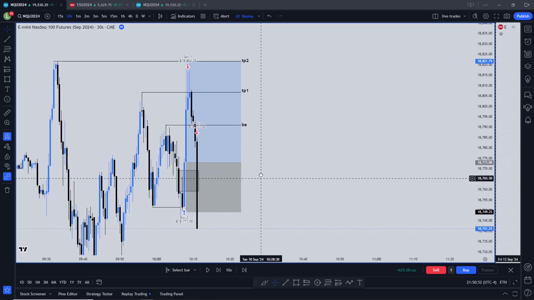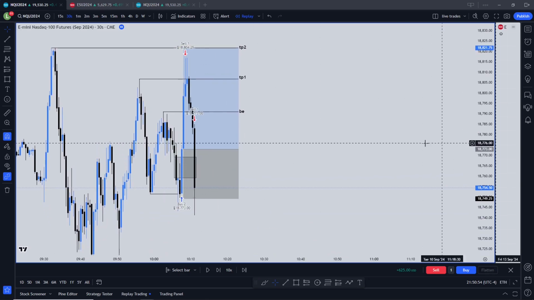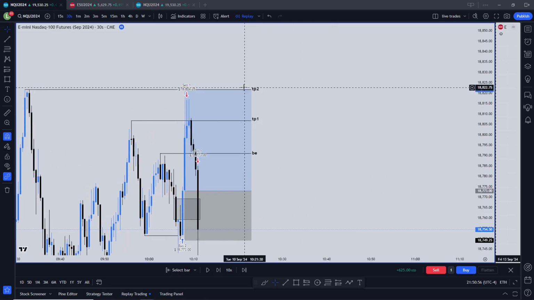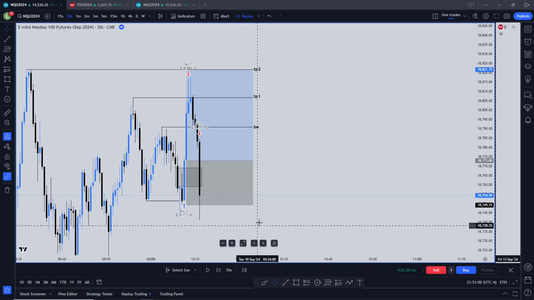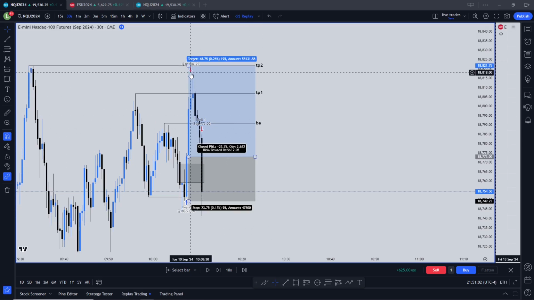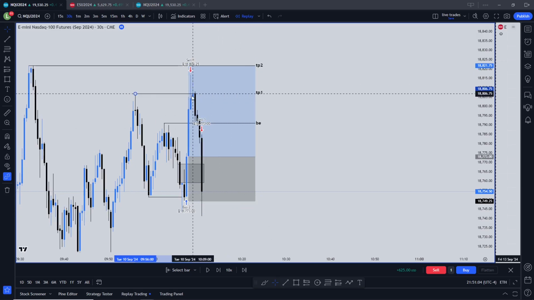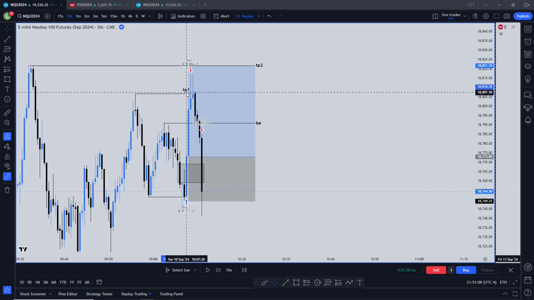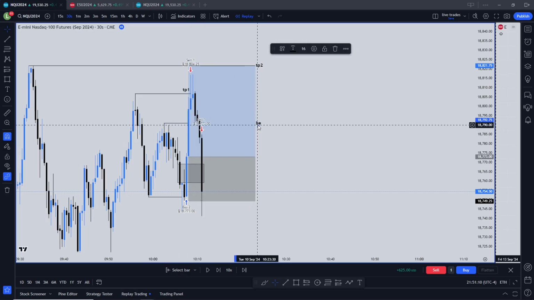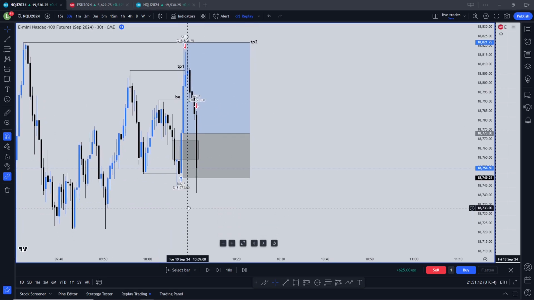And you can see right here, we get stopped at break even for a partially winning trade, which is why we moved the stop loss to break even. We already have some profit from taking partials at this internal liquidity, right? And we do come down and take out this sell side right here.